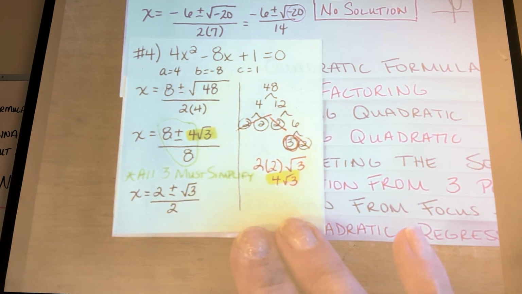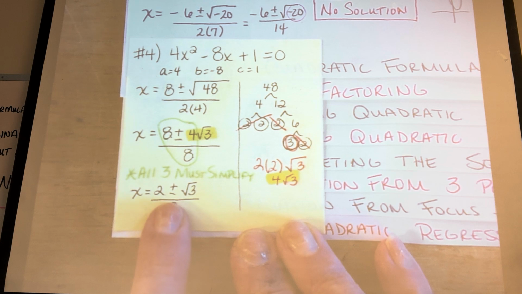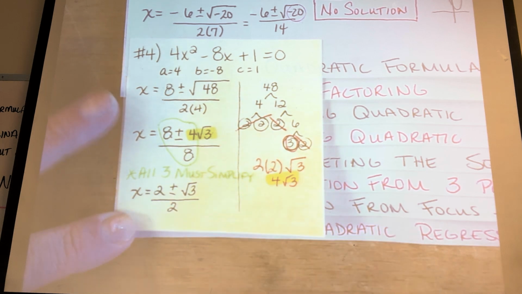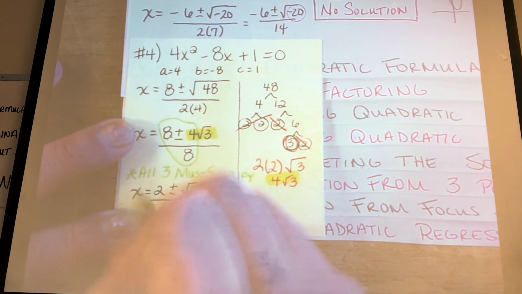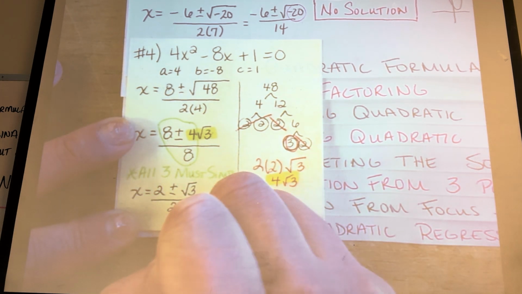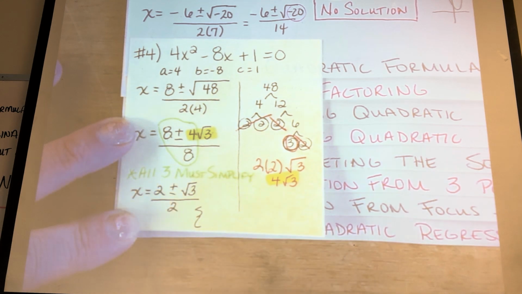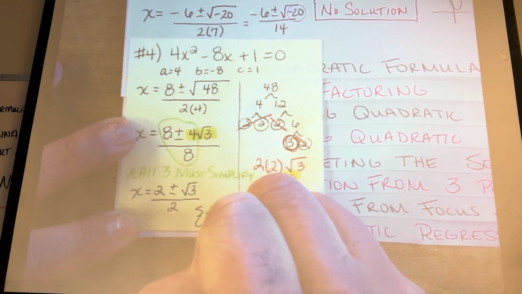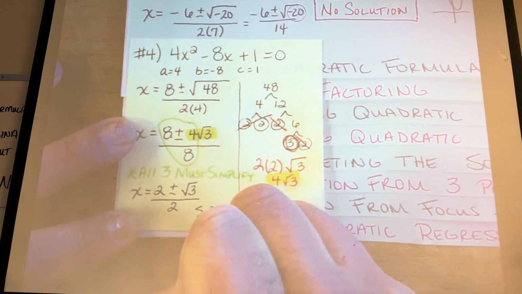Now, depending on the college professor you have, some of them will make you split this plus or minus up, just like we did on example 1. But where we're at for now, I'm going to let you leave it together. So in your solution set on the ones that have square roots, because you can't simplify that any farther, you can leave it as 2 plus or minus the square root of 3 over 2.